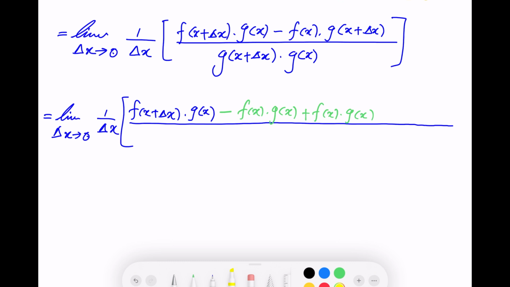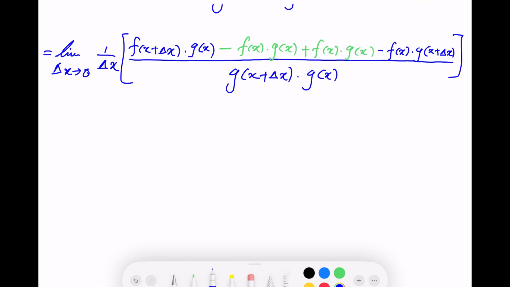And finally, I have this minus f of x times g of x plus delta x term. Let me write that down. Minus f of x times g of x plus delta x. All of that has to be divided by g of x plus delta x times g of x. Let me close the brackets.